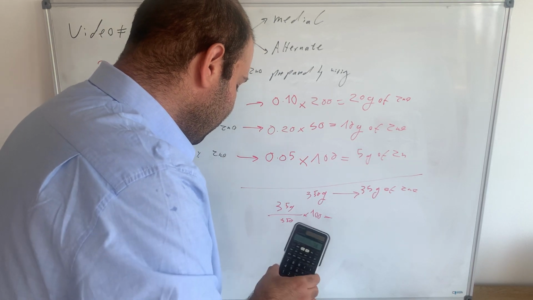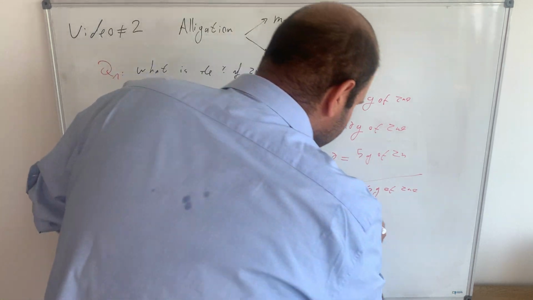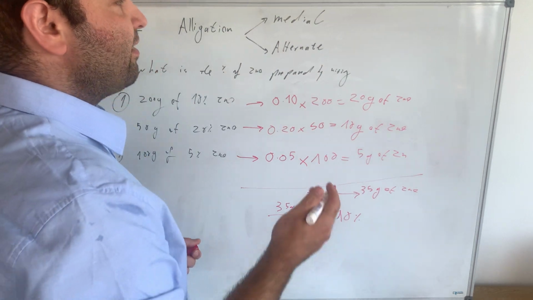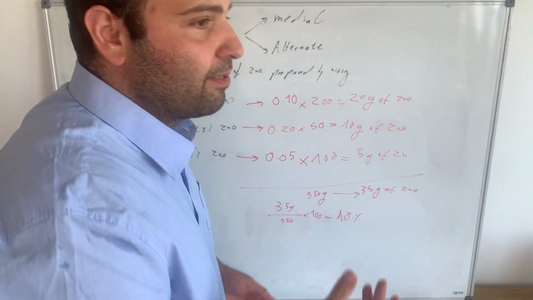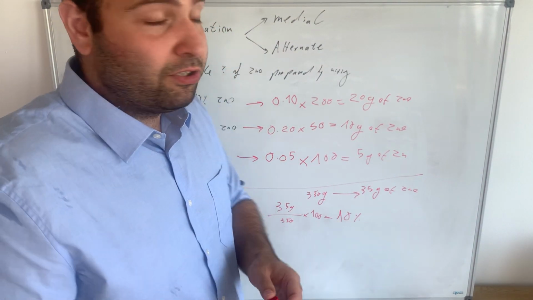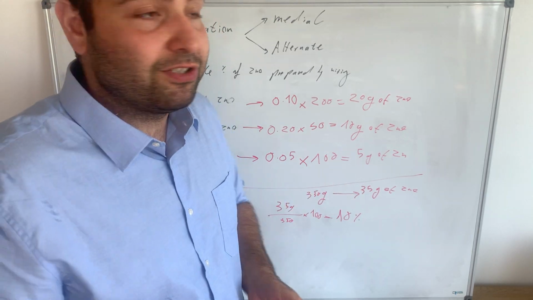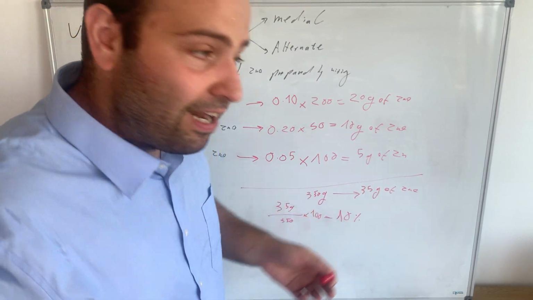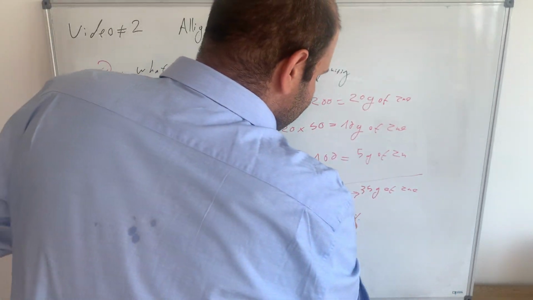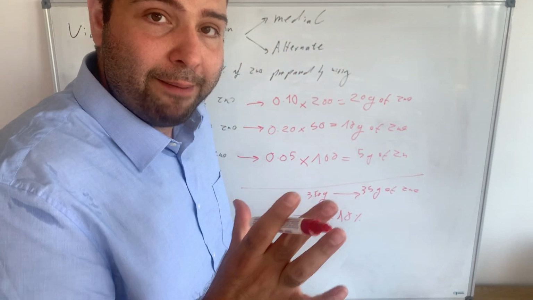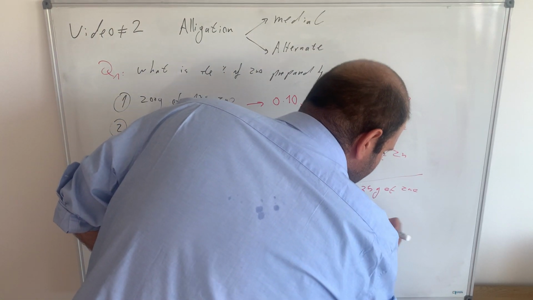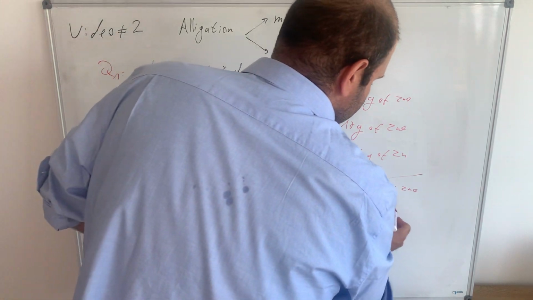The final strength value would be 10%. 10% what? Is it 10% gram in liter? Is it milligram in milliliter? Is it gram in gram? The unit is very important. We calculated the amount of gram in gram. So it is 10% weight over weight. The answer would be 10%. Okay?